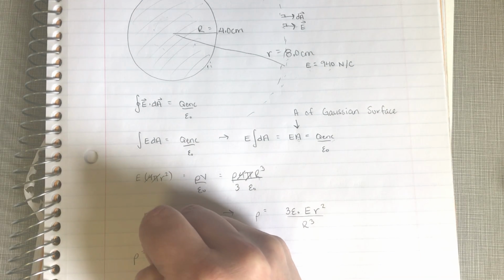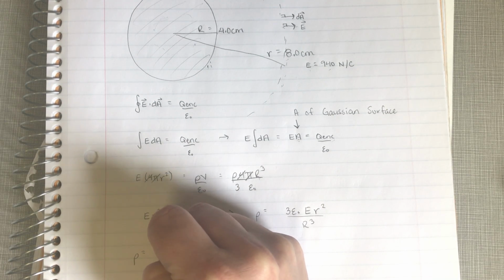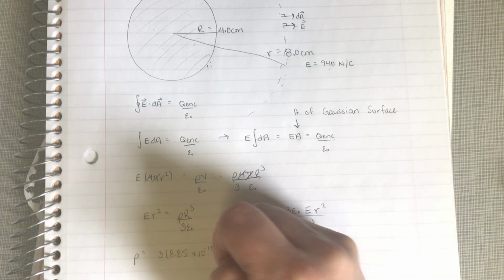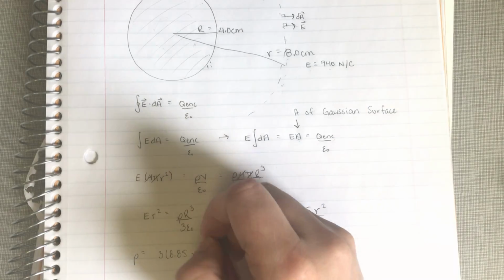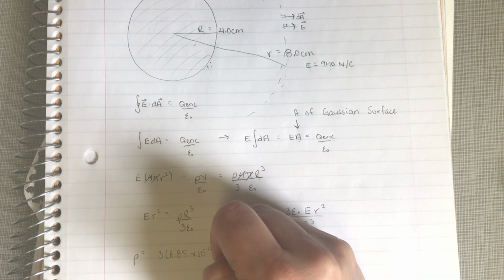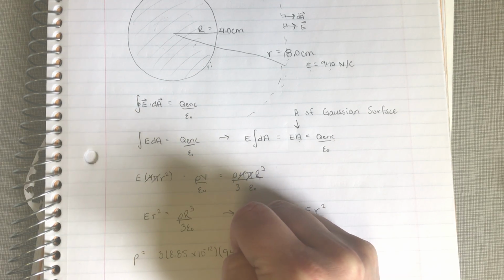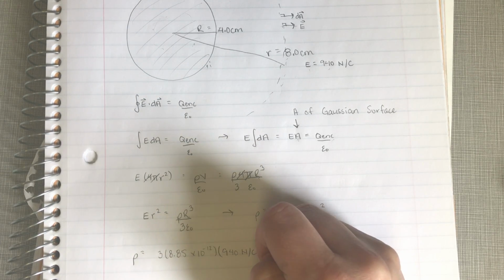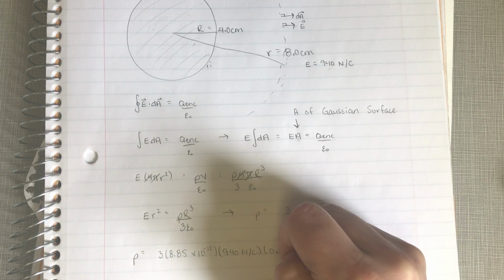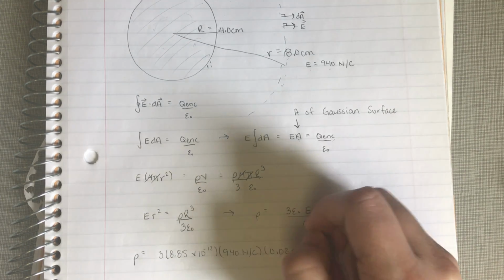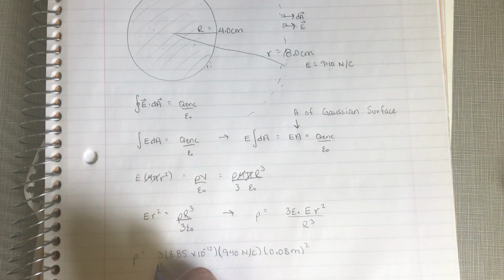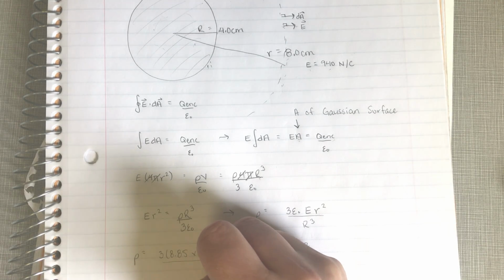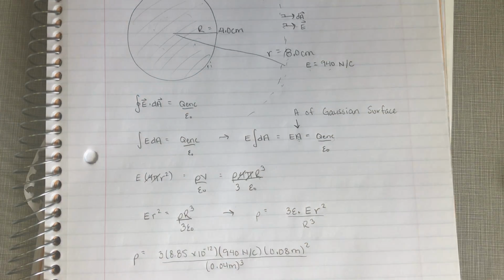If we plug in our numbers: 8.85 times 10 to the minus 12 for epsilon 0, electric field at 8 centimeters is 940 newtons per coulomb, little r is 8 centimeters, so 0.08 meters, over big R, which is 0.04 meters cubed.